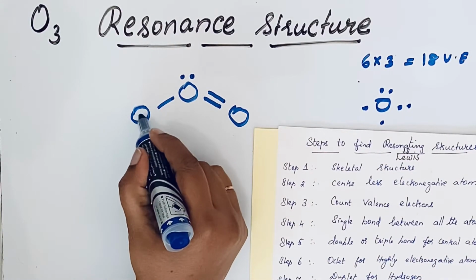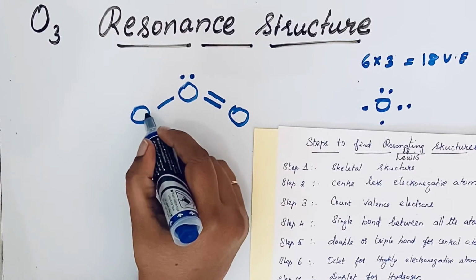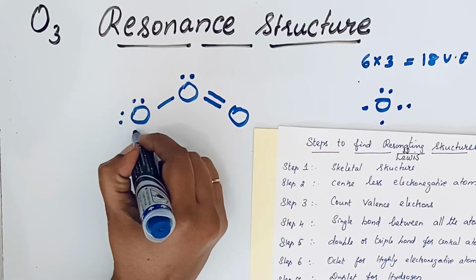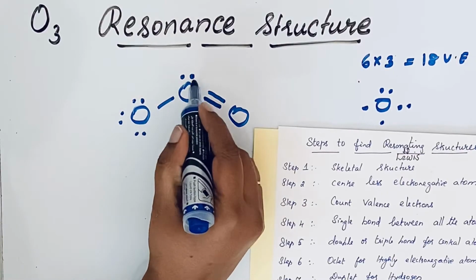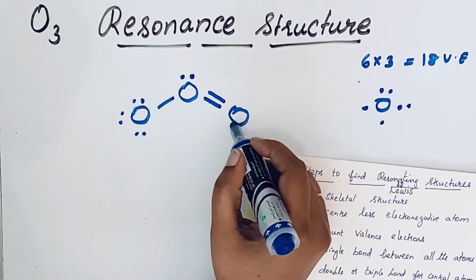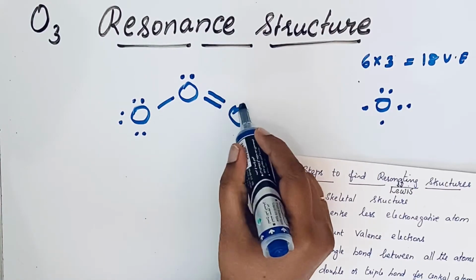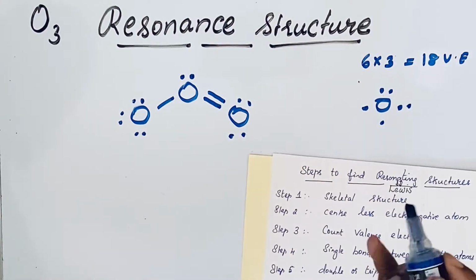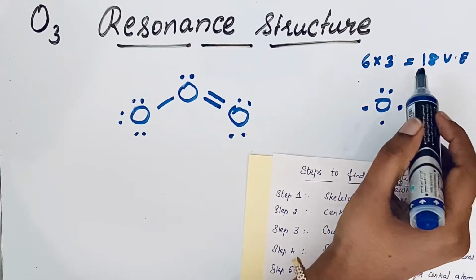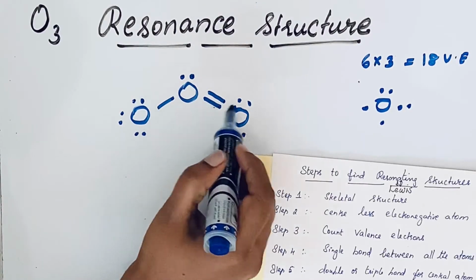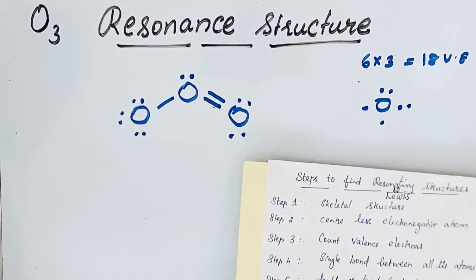Let us see first this corner oxygen atom: 2, 4, 6, 8. For this central atom, octet is completed. So we can move to this one: 2, 4, 6, 8. Let us count the total electrons, 18 valence electrons: 2, 4, 6, 8, 10, 12, 14, 16, 18. So 18 valence electrons are present.